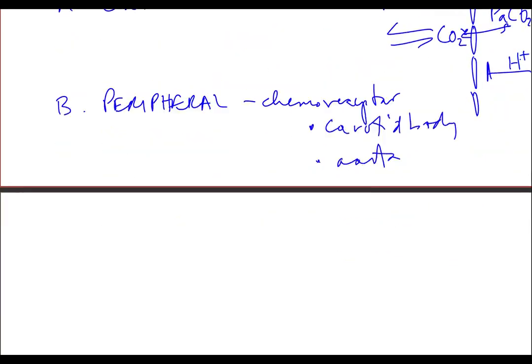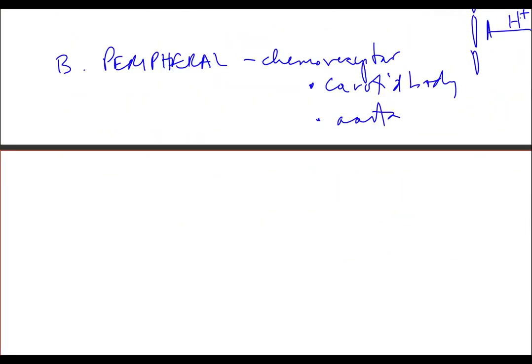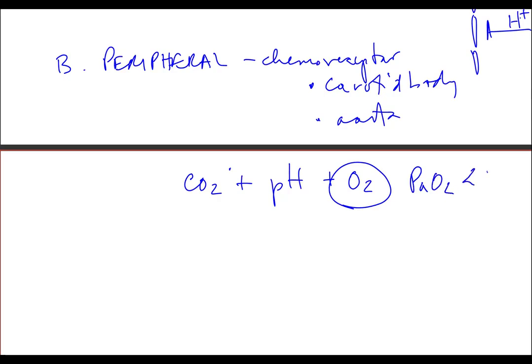And these structures in the peripheral chemoreceptors basically respond to CO2, they respond to the pH, and they respond to the O2. And the O2 then becomes our fail-safe mechanism so that when we have a situation in which the CO2 is normal, the O2 receptor is going to kick in when the PaO2 is less than 60 millimeters.